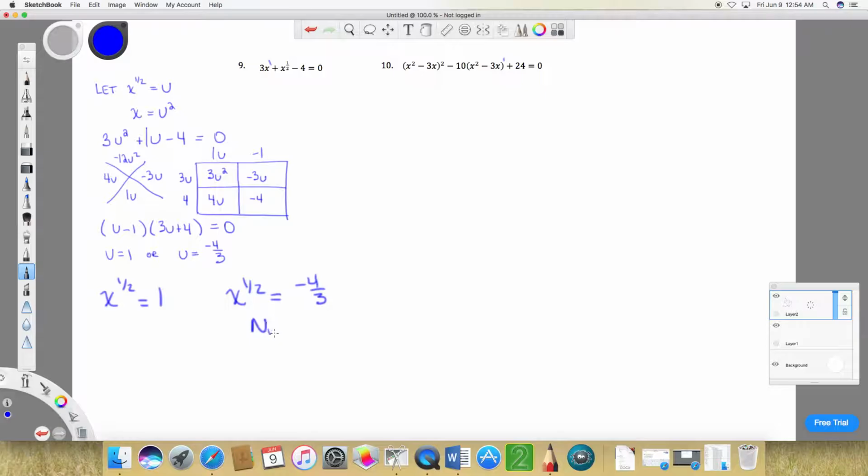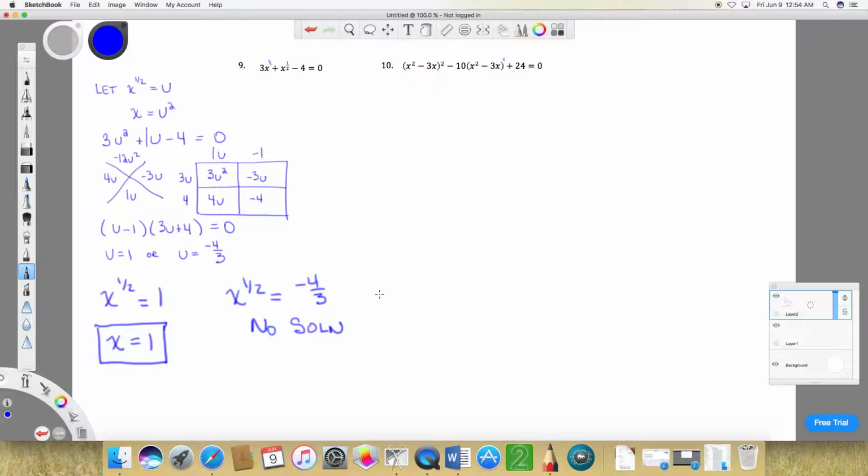This has no solution. And here, if I square each side of this, I have that x is equal to 1. The square root of 1 is 1, and this is the only value that's in my solution set.